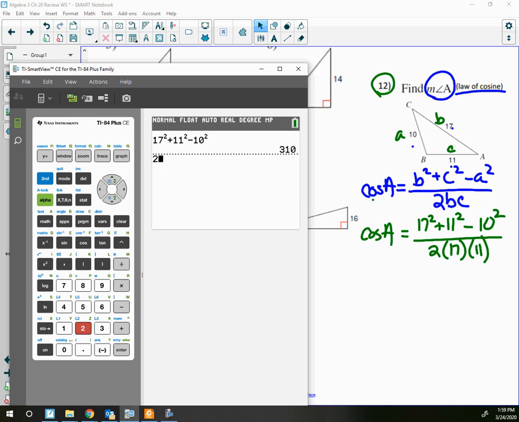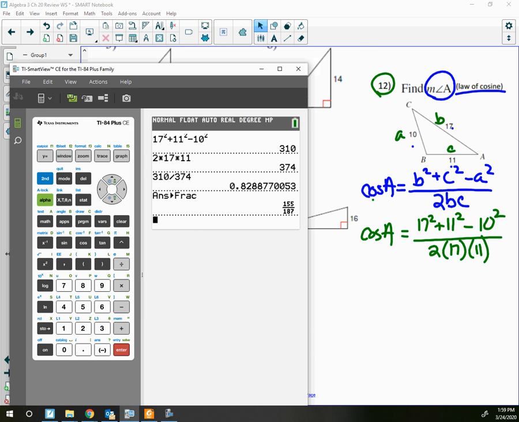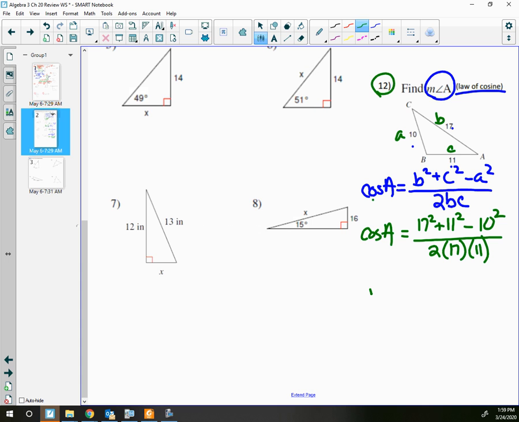And then they do the denominator, so 2 times 17 times 11, and then they just divide those two numbers. So 310 divided by 374, that would be what cosine is. If you'd rather see it as a fraction, if that's more user-friendly for you, we got 155 over 187. So the cosine of angle A is 155 over 187.